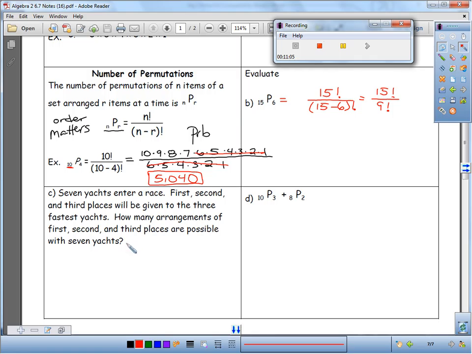Now you can use your calculator, however you know how to do it, to get your answer. Okay, that's 3,603,600. Do we agree, class? Yes, okay. If you did not get that, then you need to try it again or ask.